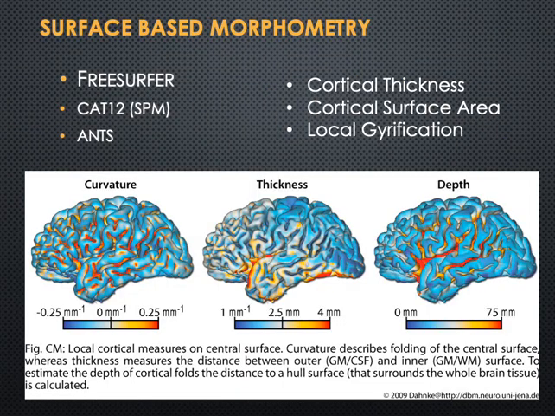And FreeSurfer is one package that does this. SPM has a tool now called CAT12, and ANTS also has a tool for estimating cortical thickness. In addition, you can try and measure properties of cortical surface area and local gyrification.